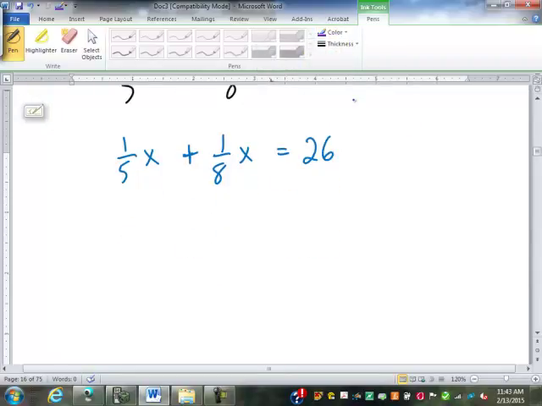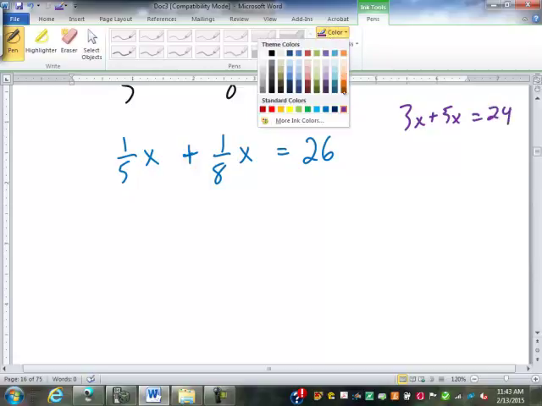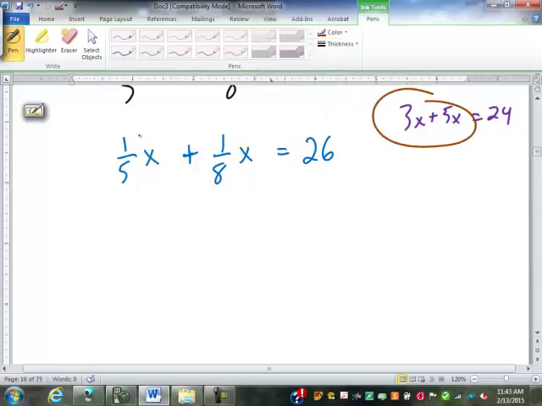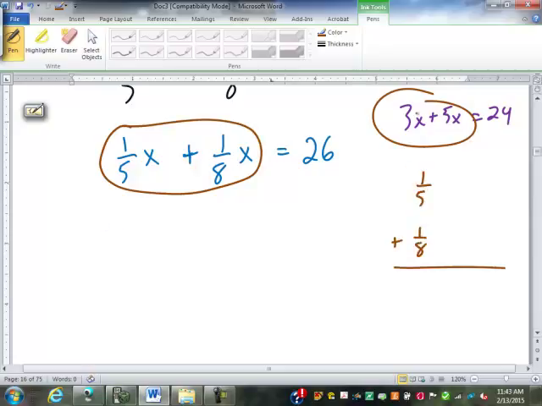From here, we're going to combine the x's. Just as if we had 3x plus 5x equals 24, we would add the 3x and the 5x, we're going to do the same thing here: 1/5 x plus 1/8 x. We're going to have to add the 1/5 plus 1/8.